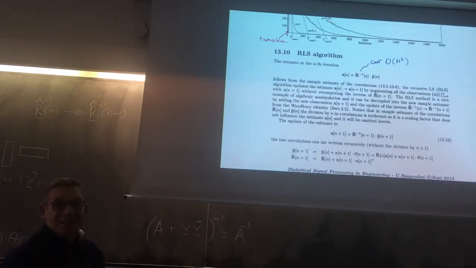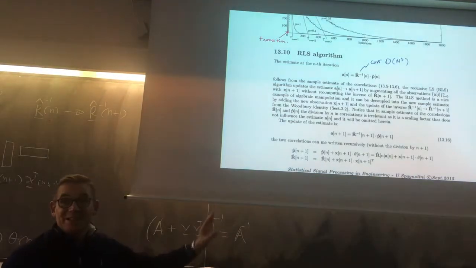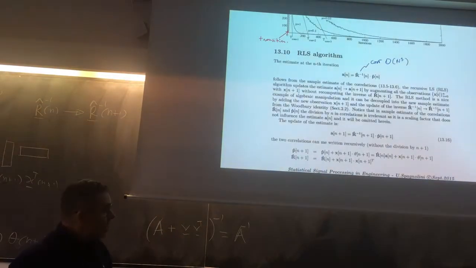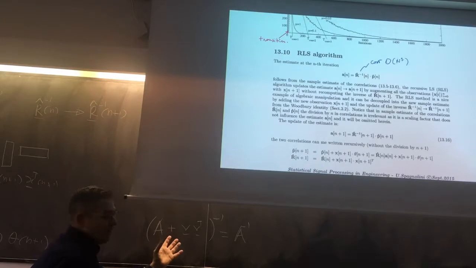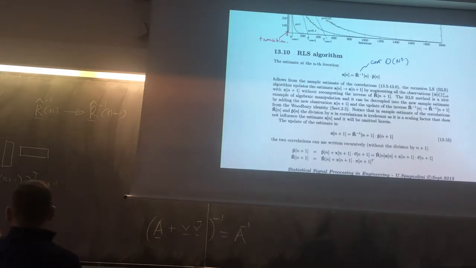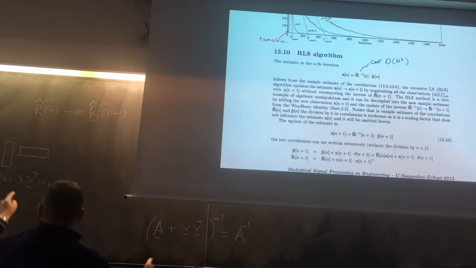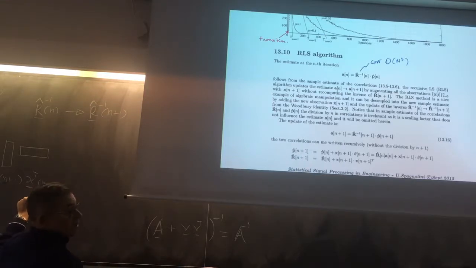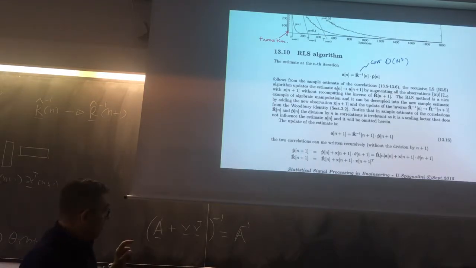But this is exactly what we are looking for, because A takes the role of this R hat, and this rank 1 matrix takes the role of this outer product. So let's see if the Woodbury formula is useful for us.